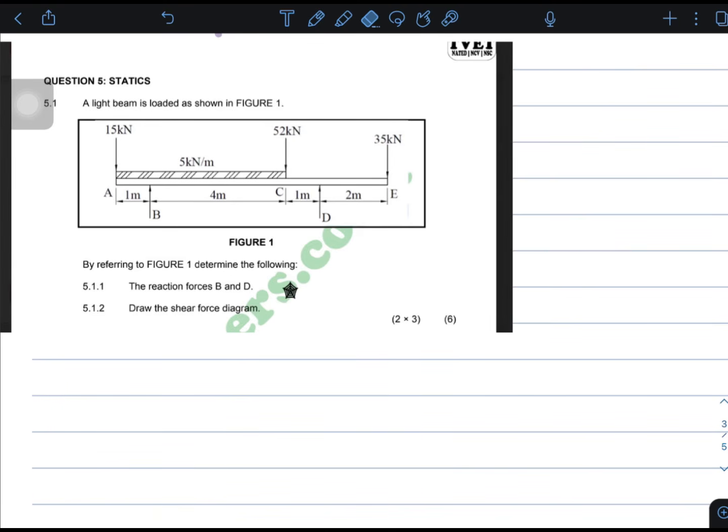The first thing that we're going to do, if we have any uniformly distributed load, is represent it as a concentrated load at the center along the length of the uniformly distributed load. What do I mean by this?